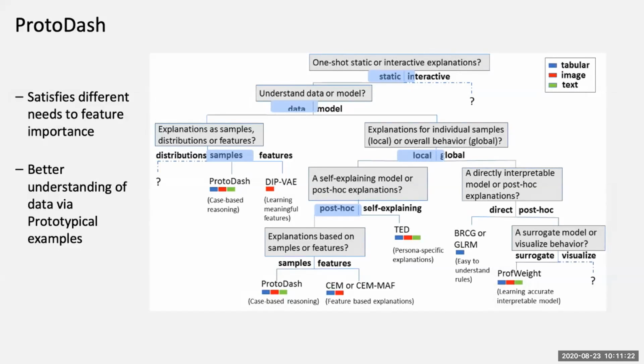However, it is significantly different from the previous three methods like LIME, SHAP, and CEM in terms of the way it produces the output, which is the representative samples from the data. So instead of generating features as an explanation, Proto-Dash basically tries to find the most representative samples or the outlier samples from a given dataset.